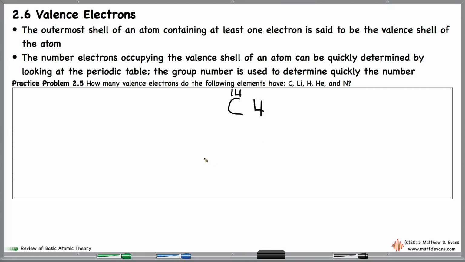Nitrogen is group 15. 15 minus 10 is 5. Oxygen is group 16. 16 minus 10 is 6. Fluorine is group 17, and the number of valence electrons is 7. And then below helium, neon is group 18, and that's, of course, 8 valence electrons.